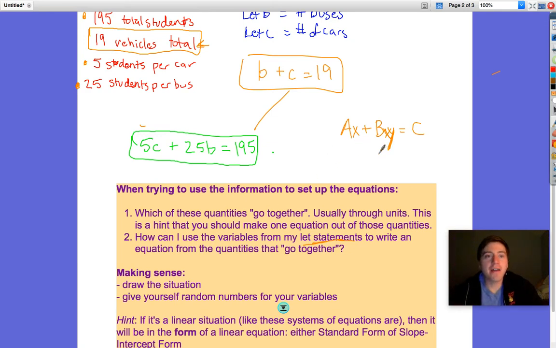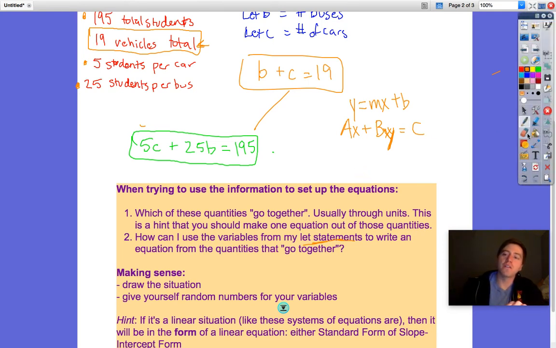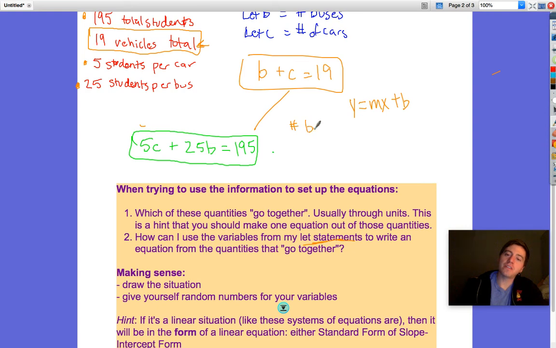You'll run into some that are in slope-intercept form too, especially linear ones that tell you this one relates to, say, 5 more than 3 times something else. It'll be like, hey, number of buses is 3 more than double the number of cars.